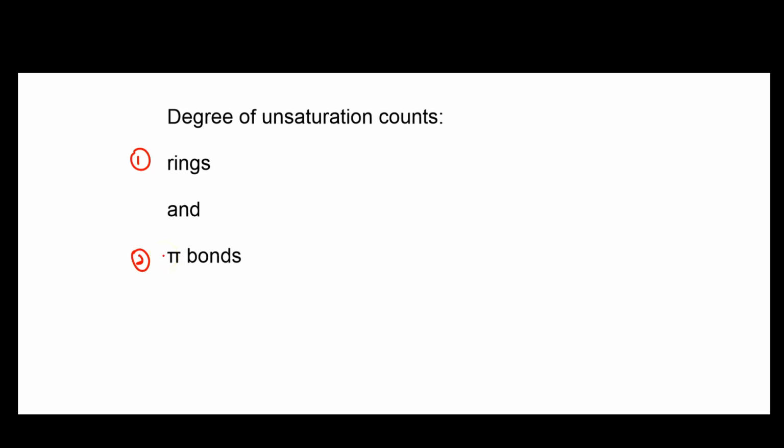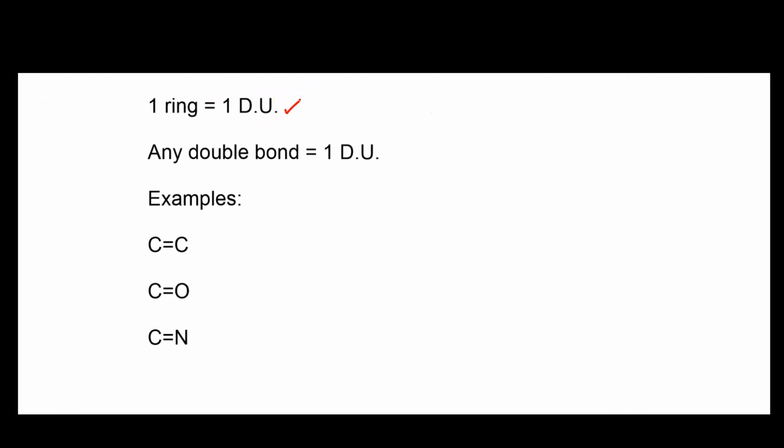It is not just about carbon-carbon double bond. Any pi bond contributes to DU. One ring counts as 1 DU. Any double bond counts as 1 DU because a double bond contains one pi bond.